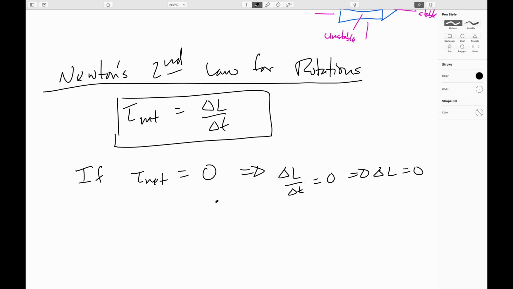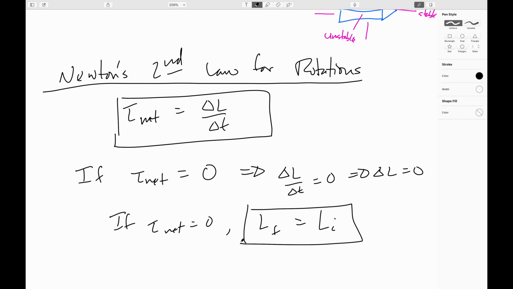So we can write that if the net torque is equal to 0, the final angular momentum has to equal the initial angular momentum.